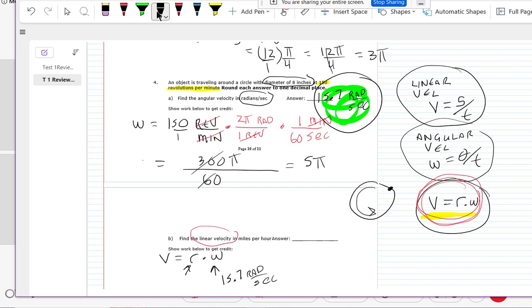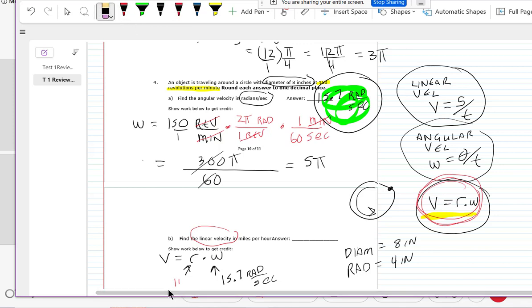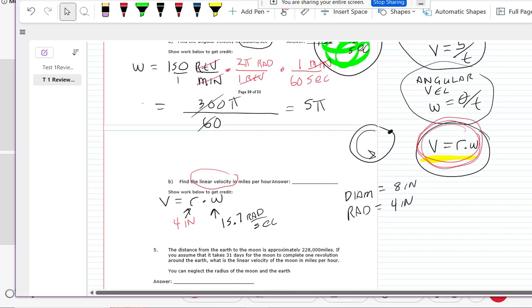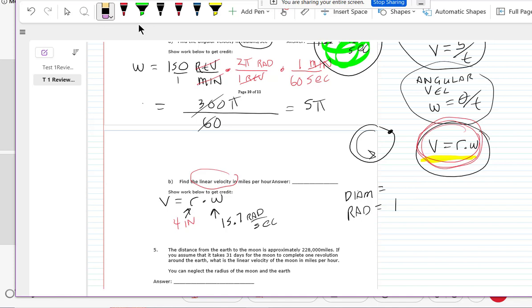I didn't give you the radius, I gave you the diameter. If the diameter is 8 inches, then the radius is always half of the diameter. So the radius would be 4 inches. You basically have to work this out, and then we have to do some unit conversions on this also. So we've got the radius is 4 inches, and the angular velocity is 15.7 radians per second.